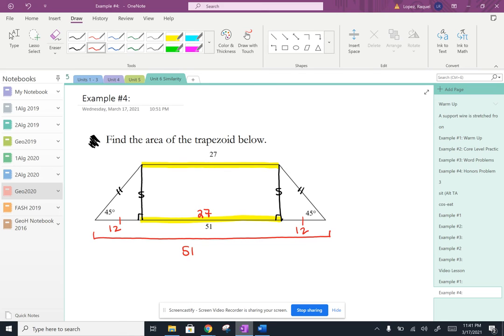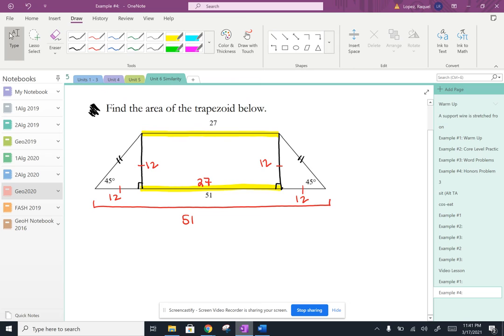Okay, now since it's also a 45-45-90 right triangle, since one leg is 12, the other leg also measures 12. And there we go. We found the height of the trapezoid.